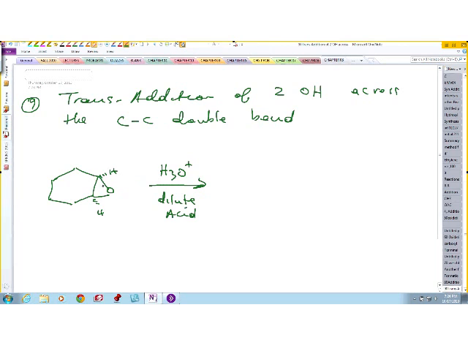If you do that, you will open up the epoxide so that the hydroxyls will be trans to each other.